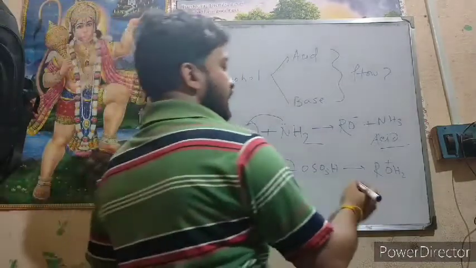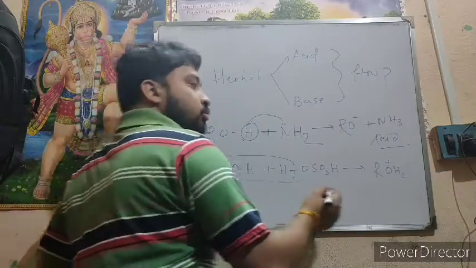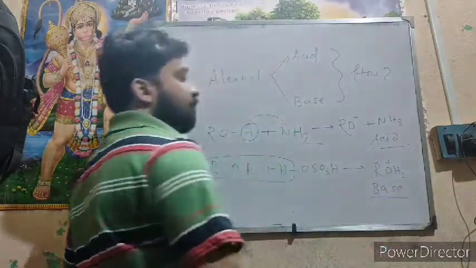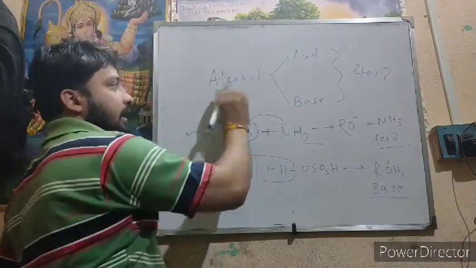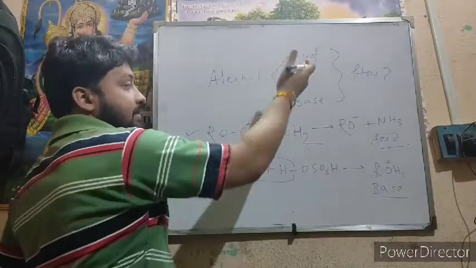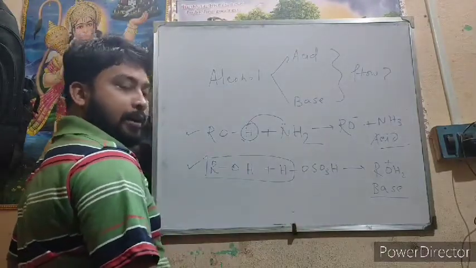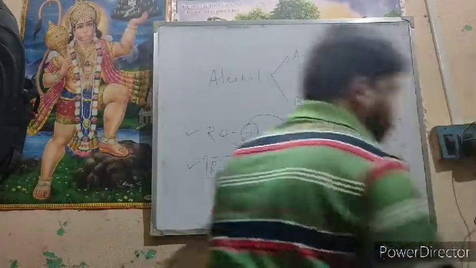This reaction proves that it accepts hydrogen, and when it accepts hydrogen, it behaves with basic nature. So these two reactions prove that alcohol shows both acidic nature and basic nature. This is the second answer, and it is also a very important answer.